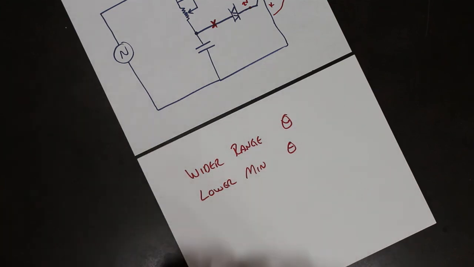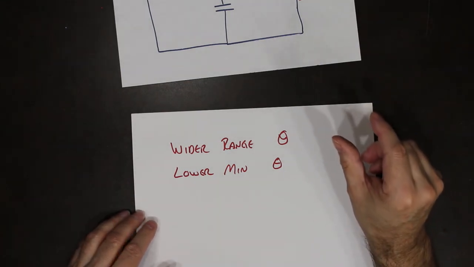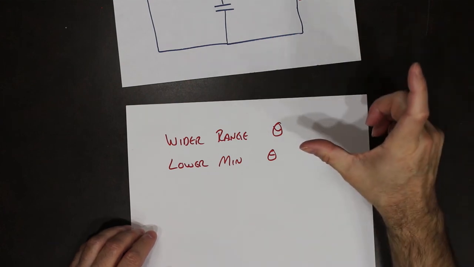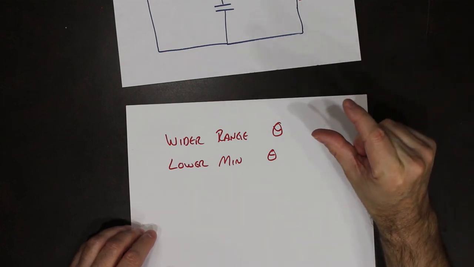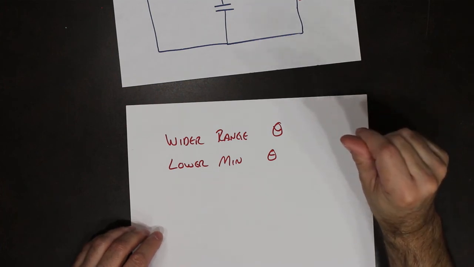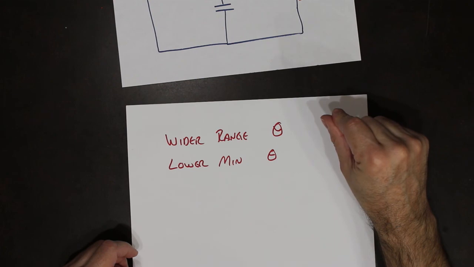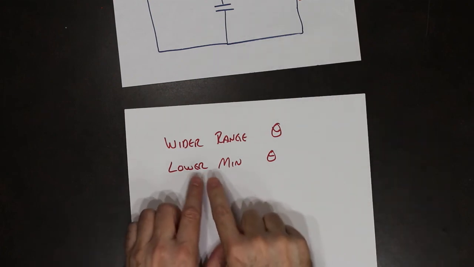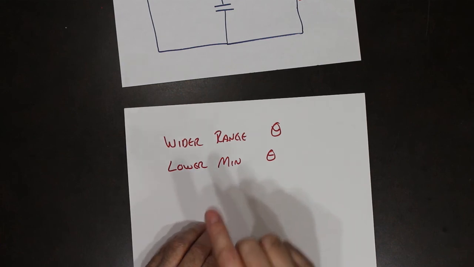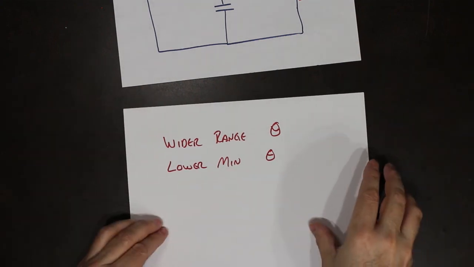So that means our light bulb, we can actually control the voltage going to the light bulb. So our light bulb will be able to go dimmer, dimmer, dimmer, dimmer, dimmer before it shuts off. Whereas with the shifting point trigger, it went dimmer, dimmer, dimmer, shut off. So we can actually control a lower minimum conduction angle. So therefore we have better control of our overall effective voltage.